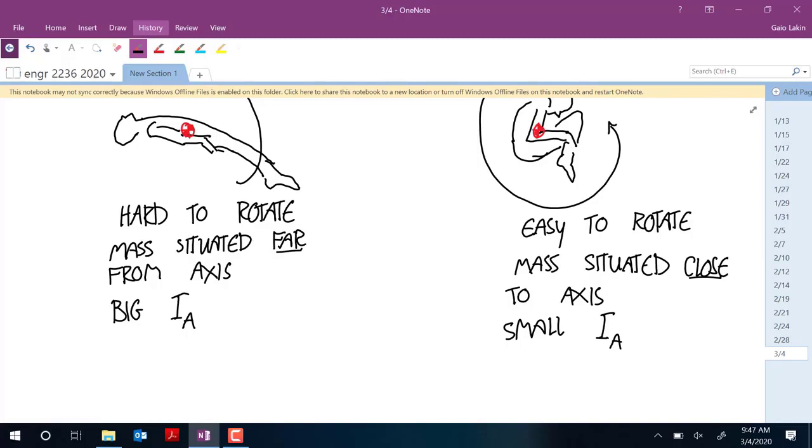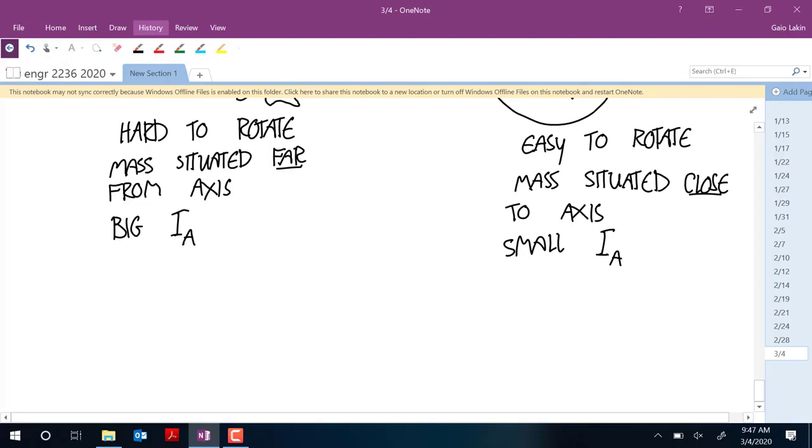Now, mass moment of inertia also has an integral definition. And just like with centroid, I'm going to give it to you. I'll do like one derivation, but mostly you're just going to use formulas for simple shapes.